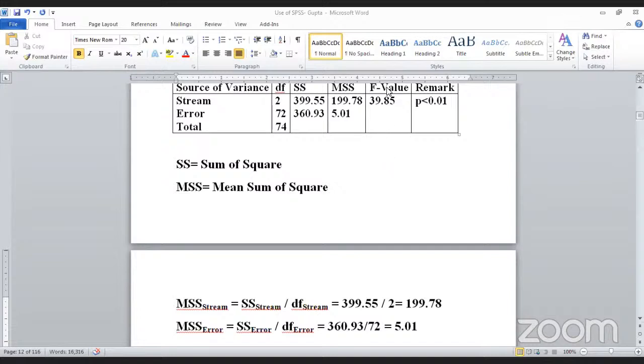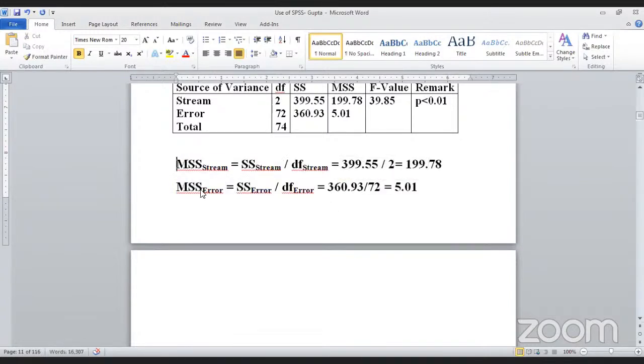And now how do we calculate the value F? This F is nothing but the ratio of MSS over the MSS error.